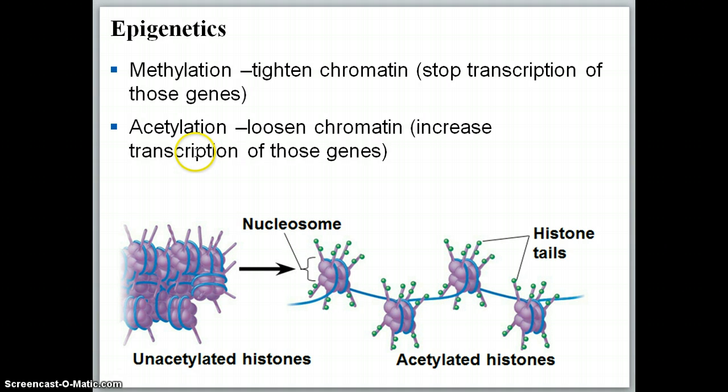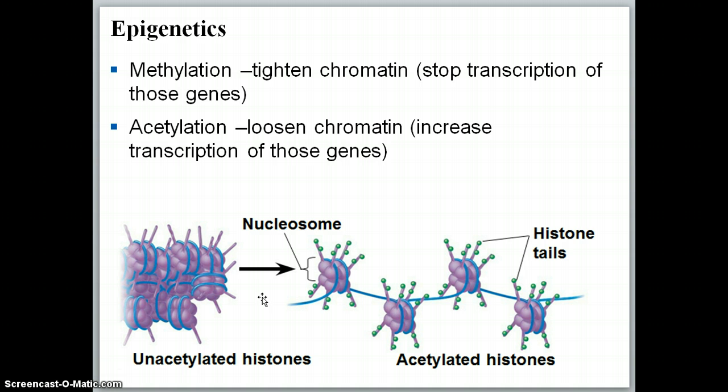With acetylation, and you can see here this is pretty tightly wrapped, acetyl groups are going to be added to these little histone tails, and it's going to cause the DNA to become a little looser.